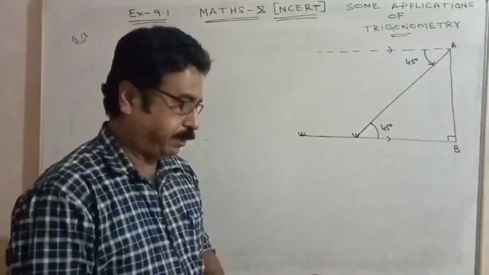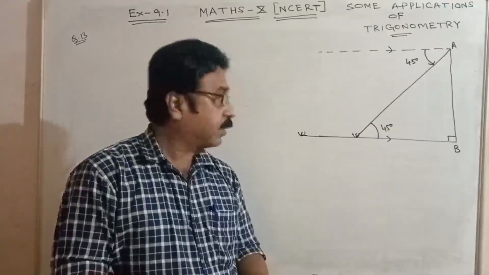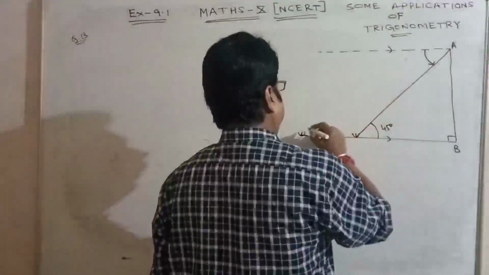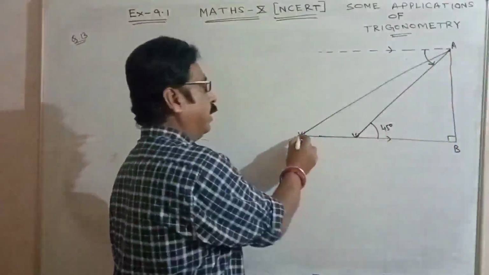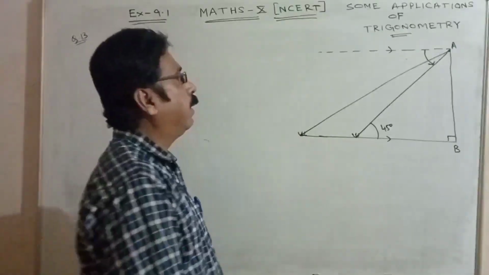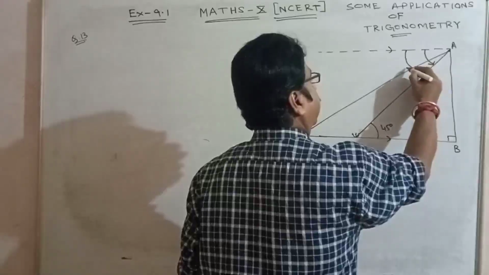And another ship. Angle is 30 degree. From point A, the angle of depression of this ship is 30 degree. This is 30 degree.